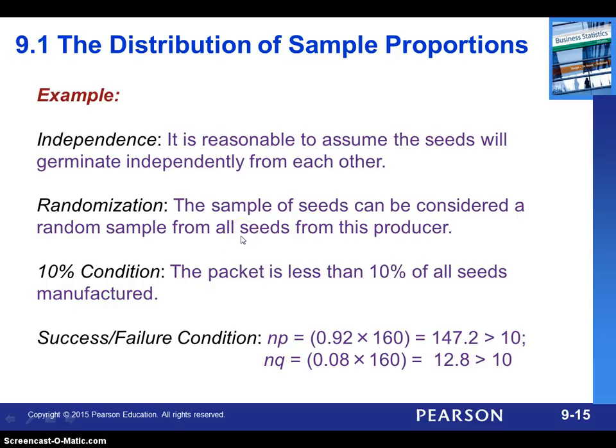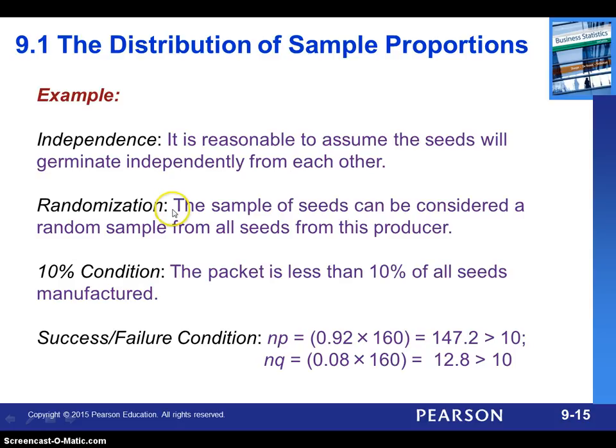Randomization: the sample of seeds can be considered a random sample from all seeds of this producer. So we have to decide, is this one packet of seeds random from all the packets of seeds? This producer probably makes thousands of these packets, and each packet has hundreds of seeds. So there's a good chance that our packet is sufficiently random considering all the other packets we could have chosen.